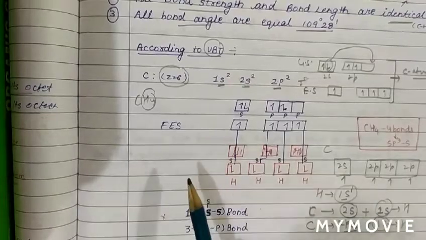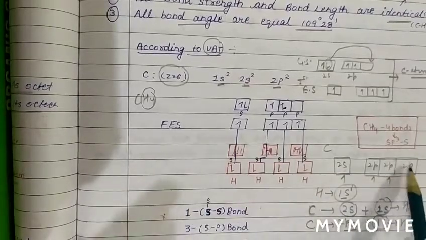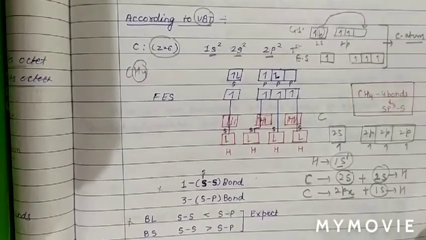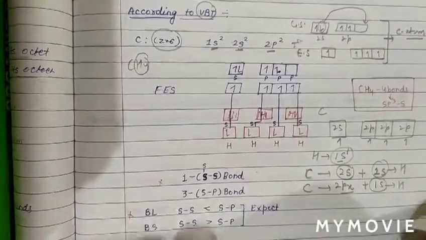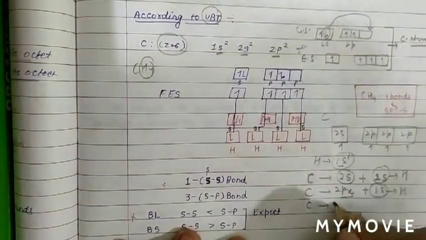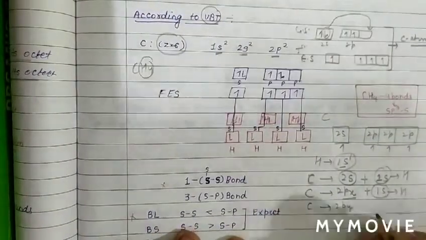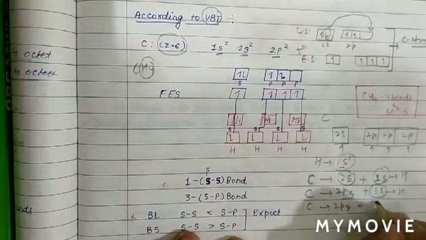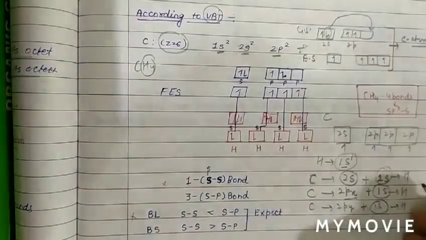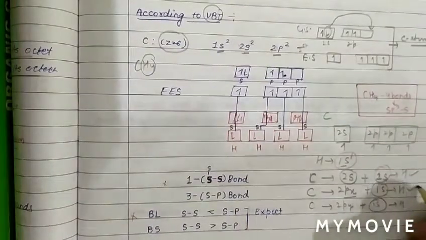Now we have two hydrogens more and two orbitals of carbon more containing unpaired electrons. According to VBT, there is formation of bonds between the orbitals containing unpaired electrons. Again, we have the carbon 2py unpaired electron and 1s of hydrogen. How many sigma bonds have we found? 1, 2 and 3.